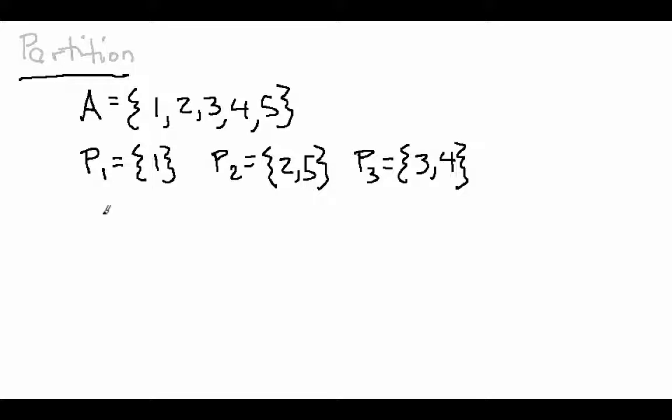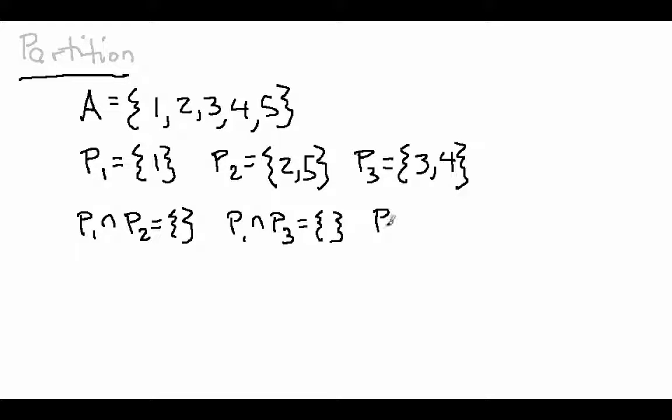Okay? Now I want you to notice a couple of things over here. I want you to notice that P1 intersection P2 is equal to the empty set, and that P1 intersection P3 is also equal to the empty set. And I want you to note that P2 intersection P3 is equal to the empty set.